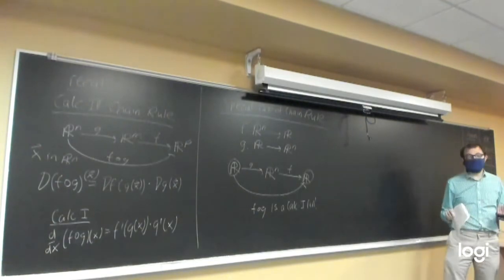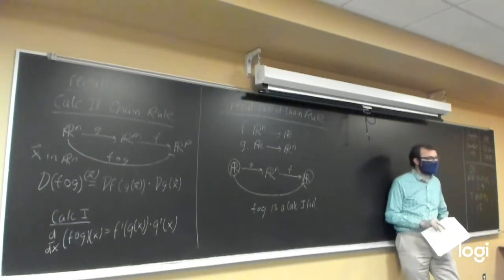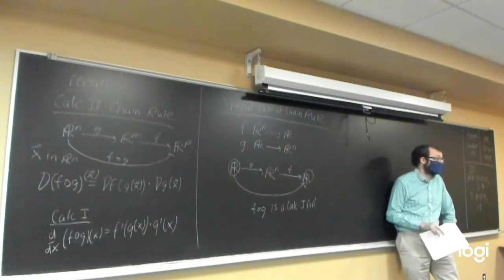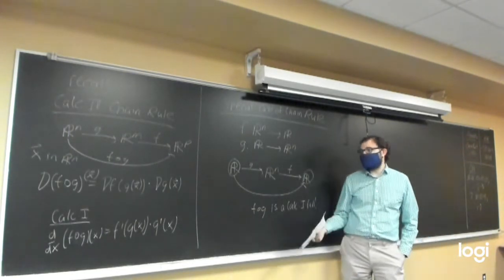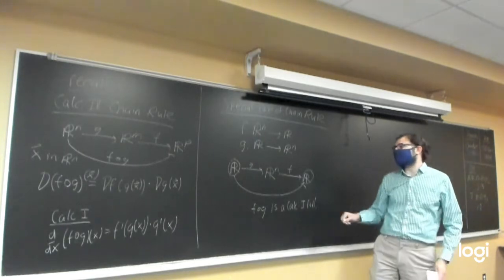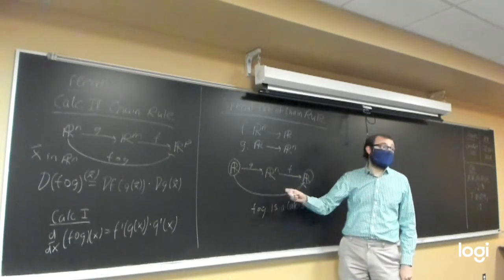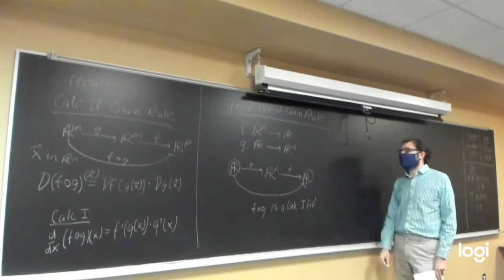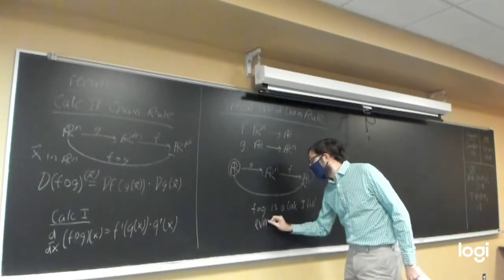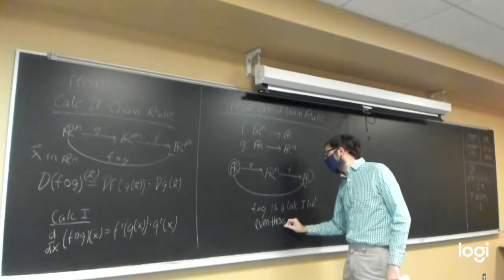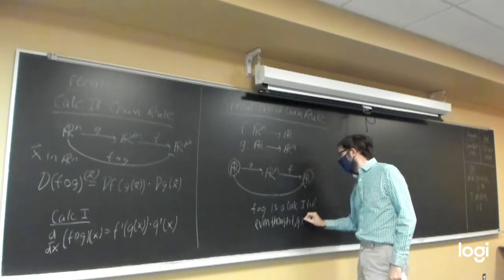So f composed with g is going to be a function like f of x equals 3x squared plus 6. Even though if you were to do g and then f, you have to do a pit stop at Rn in the middle. And so f composed with g might be a Calc 1 function, even though f and g themselves are not.